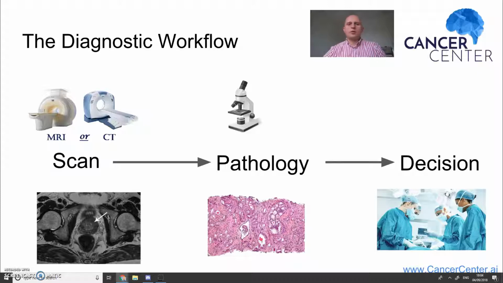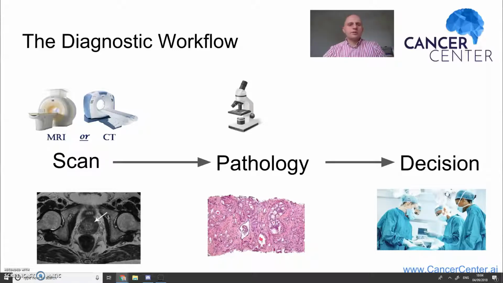The current diagnostic workflow around the world is as follows. First, a digital scan is taken, usually using MRI or CT scanners. Next, a radiologist is examining the scan, looking for signs of tumor.